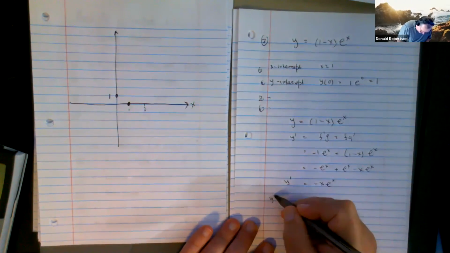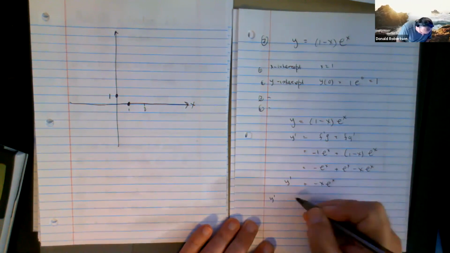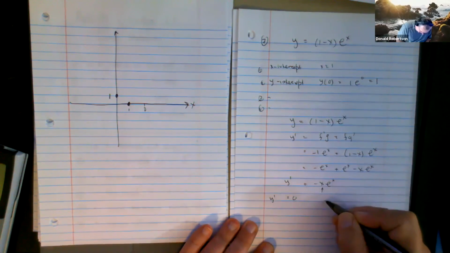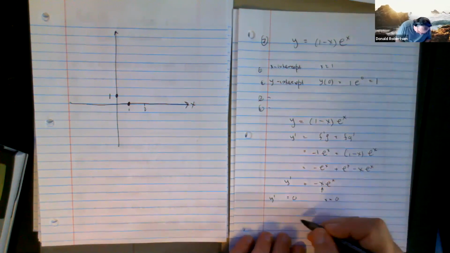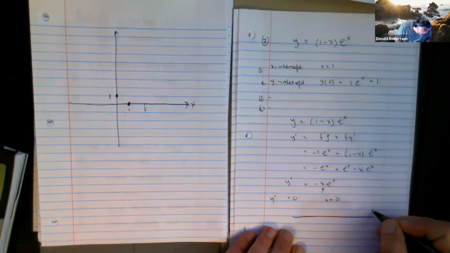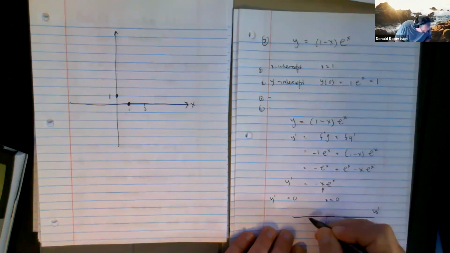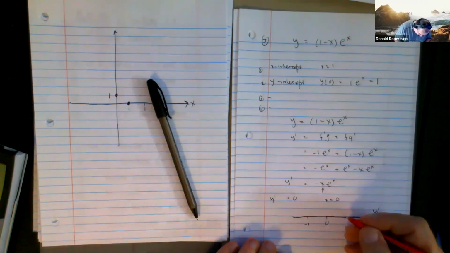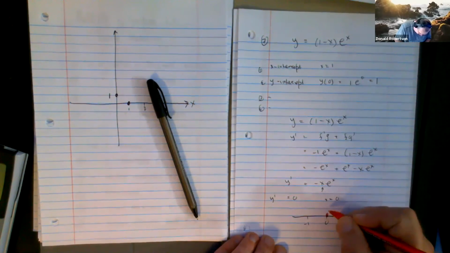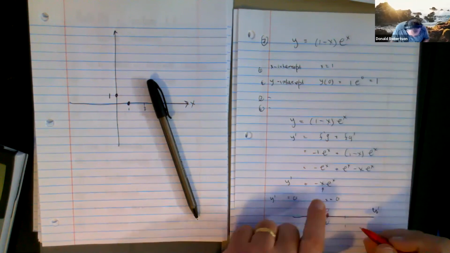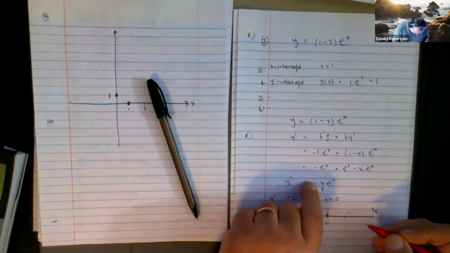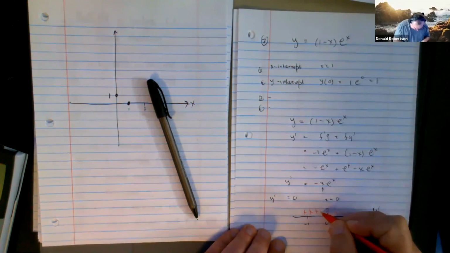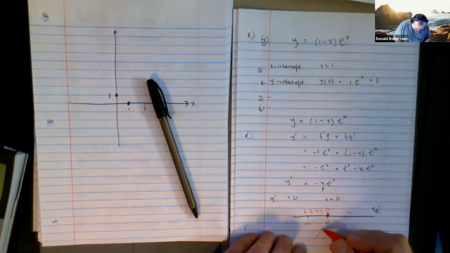If you go looking for when this derivative is 0, it ends up being at x equals 0. Would you agree? And if I do my first derivative test, I know that there's only a 0 derivative. This is never undefined. If I pick the number 1, it is negative. And if I pick the number -1, it is positive. So I am basically looking at a local min here.